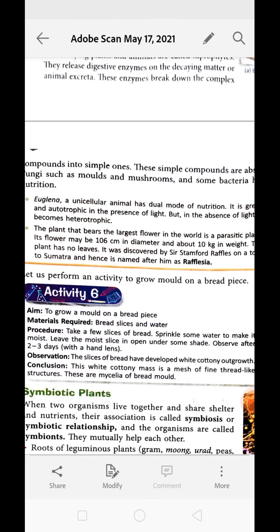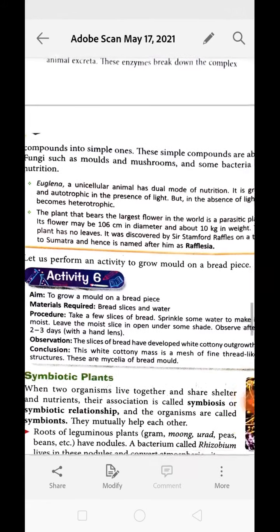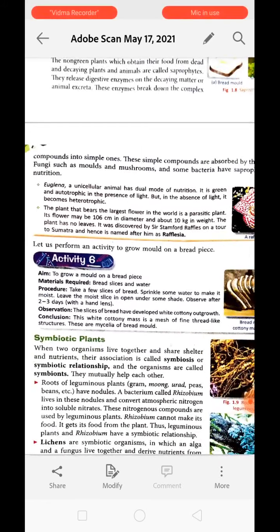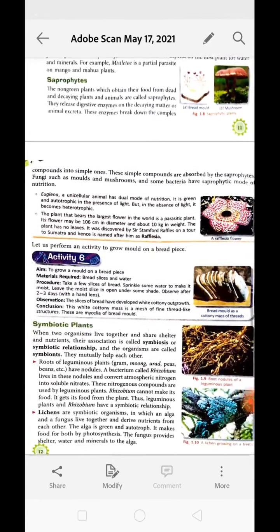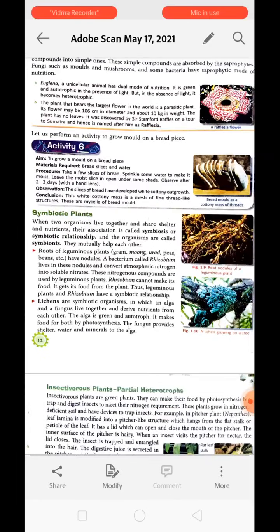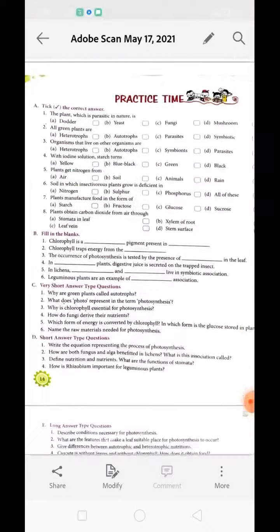Fungus releases digestive enzymes on decaying matter or animal excreta. These enzymes break down the complex compounds into simple ones, and these simple compounds are absorbed by the saprophyte or fungus. This is your answer.